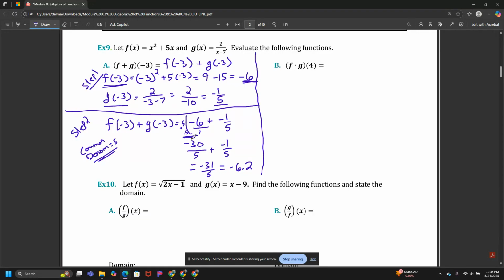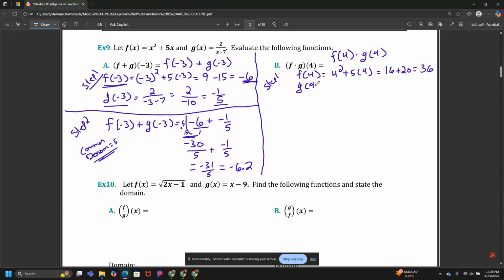Alright. This one means to multiply, so this time I'm having f of 4 times g of 4. So we're going to follow that same step 1 where we rewrite f of 4 is equal to 4 squared plus 5 times 4. 4 times 4 is 16. 5 times 4 is 20. 16 plus 20 is 36.